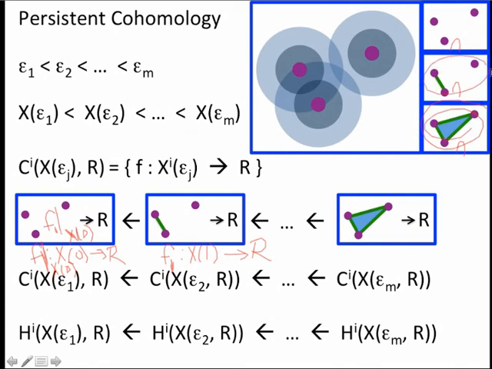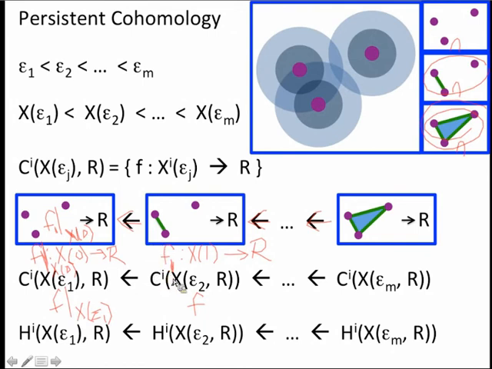And so I can just restrict the function. And that is why our arrows go the other way: we take a function here, and then we just restrict it to our simplicial complex with potentially fewer elements in it. Any questions on that?